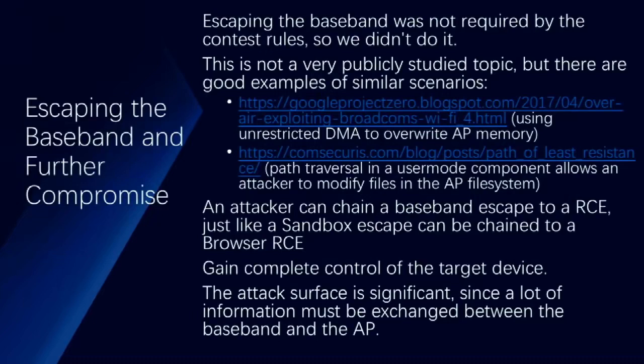But I recommend you check out Gal Beniamini's Project Zero research, where from the Wi-Fi chip you use DMA to overwrite memory on the application processor, and Comsecuris's blog post where they use a path traversal in the MTK, reachable from the MTK baseband, in order to modify files on the application processor and escape the baseband. And after this, you can potentially get complete control of the target device. The attack surface in this area is significant, and there is no public research.